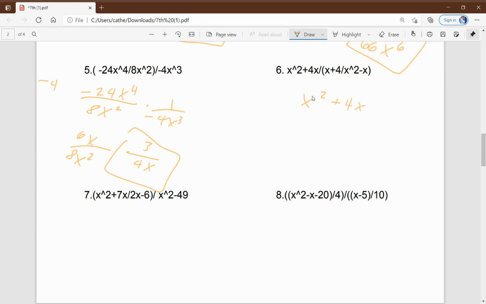Square plus 4x over... Actually, no. Multiply this by x squared minus x over x plus 4.